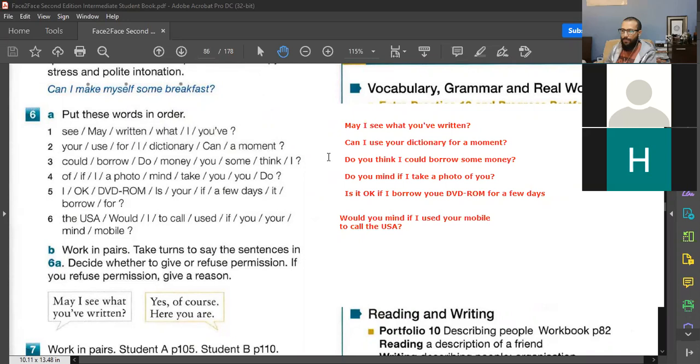Would you mind if I use your mobile to call the USA? Yes, of course. Okay, wait, are you refusing or giving it? We'll give it. That means you can't say yes.